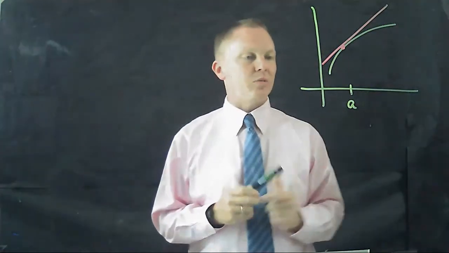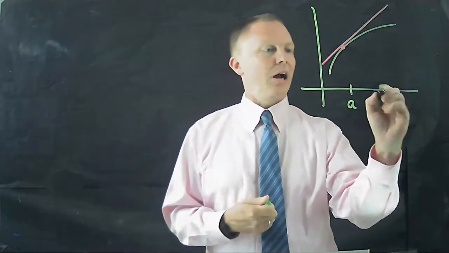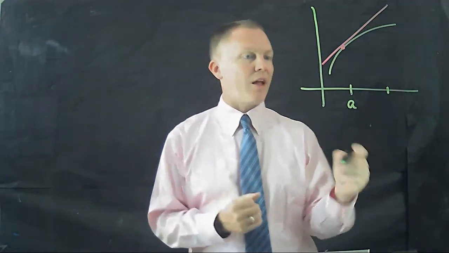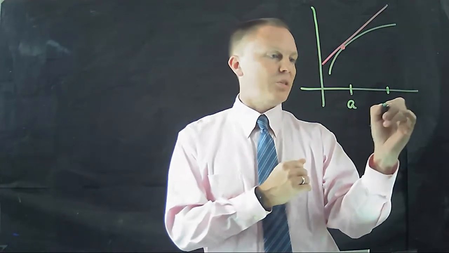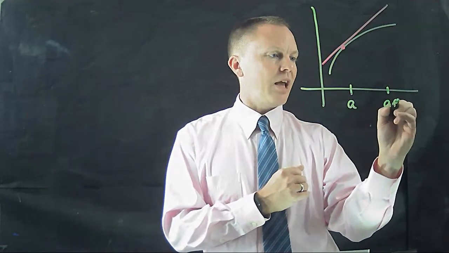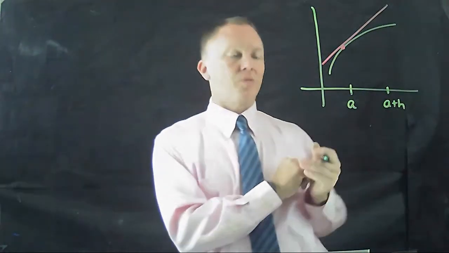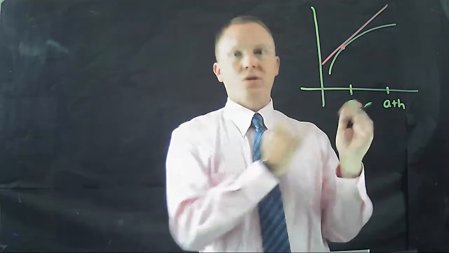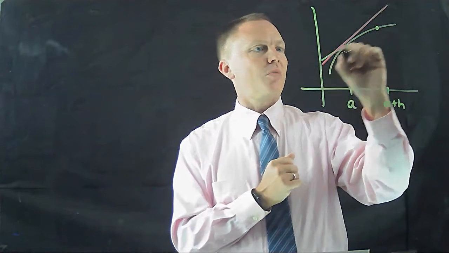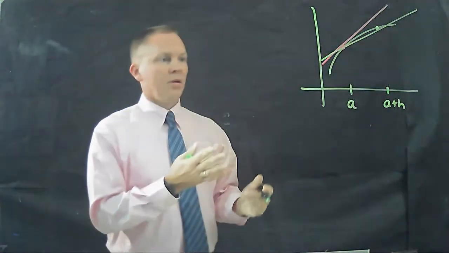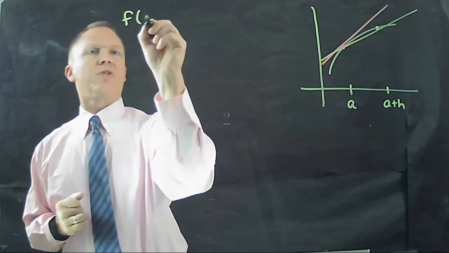So I'm at x equals a. Last time I just chose another arbitrary x down here. Now I'm going to choose a point down here. Instead of calling that x, I'm going to say that this point right here is a plus h. It's some point further down the road that's h units away from a. So I put another dot here. The process is the same, but this part looks a little different.